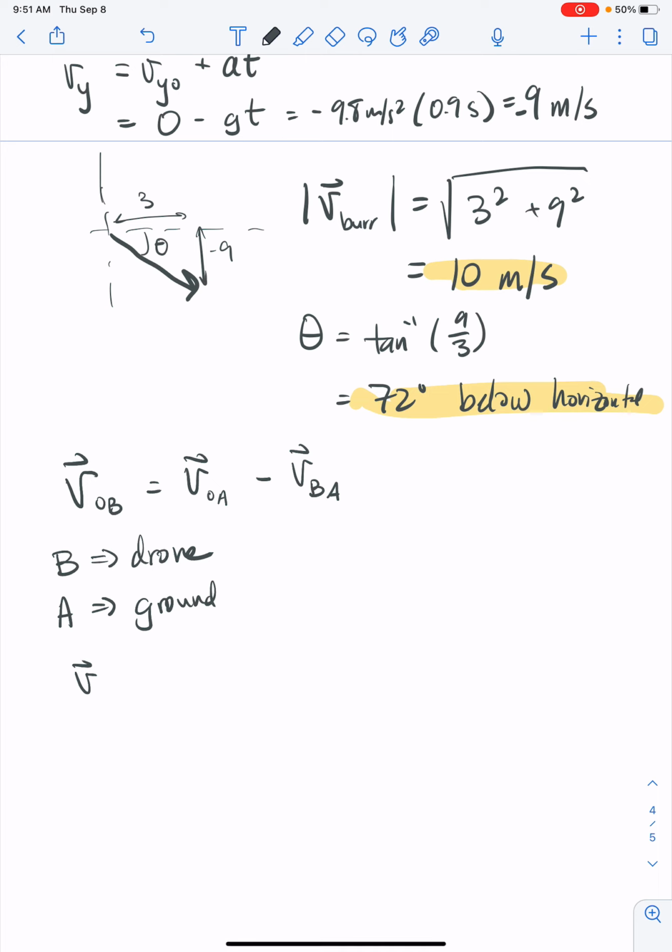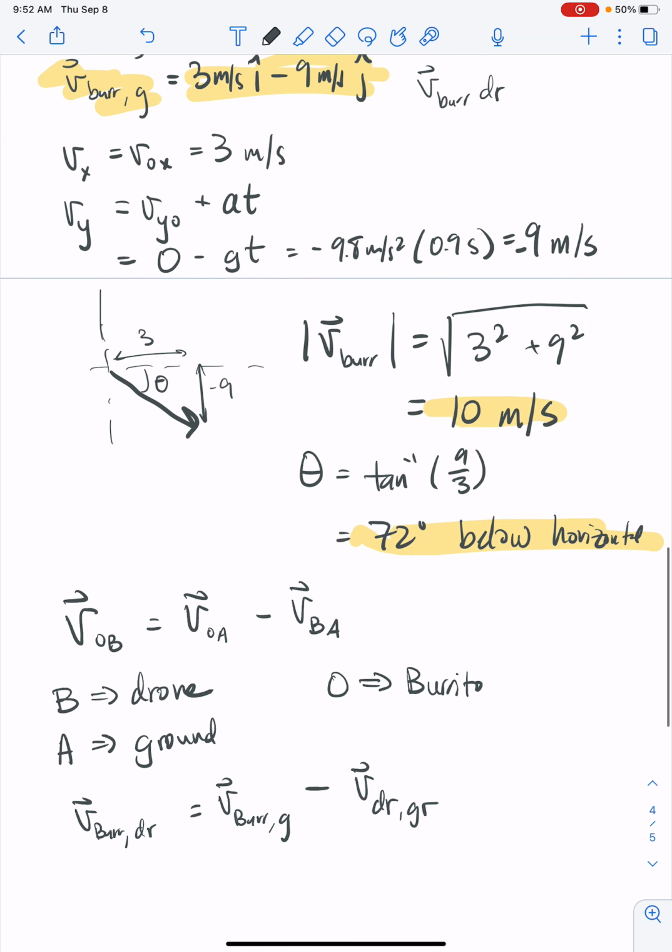A is going to be our ground frame, right? So the velocity of our object, start with the burrito, but we can do this for each object. So the velocity of the burrito in the drone frame is the velocity of the burrito in the ground frame minus the velocity of the drone in the ground frame.